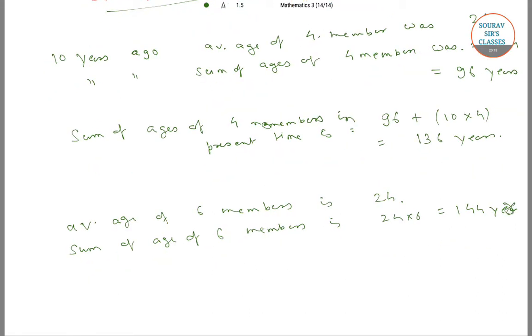So total age of 2 children is equals to 144 minus 136, which is equals to 8 years. So the total age of 2 children is 8 years.